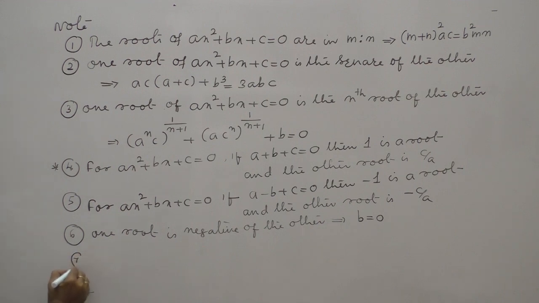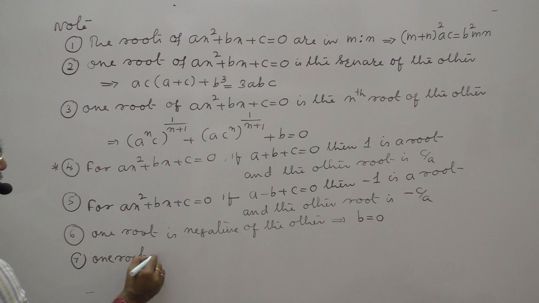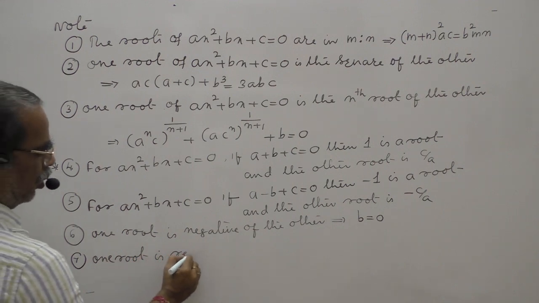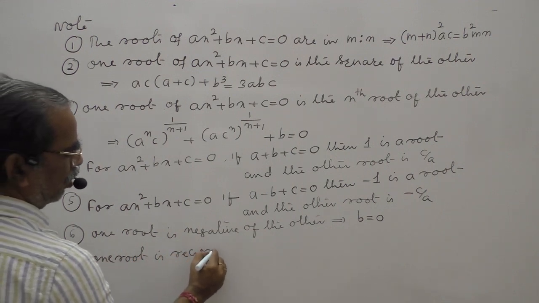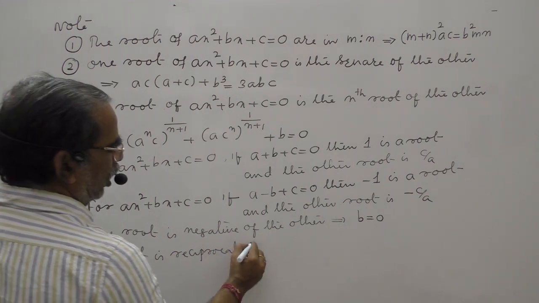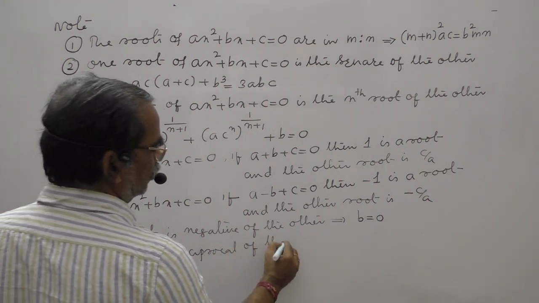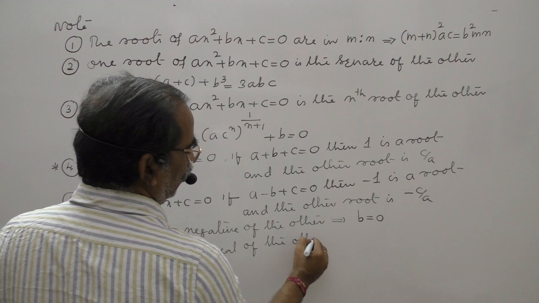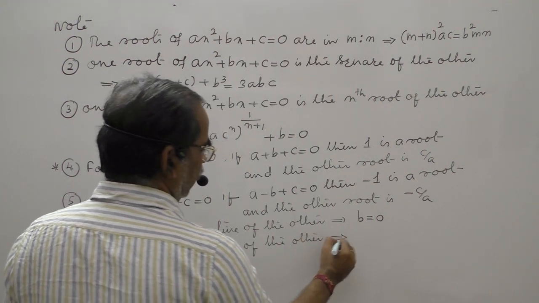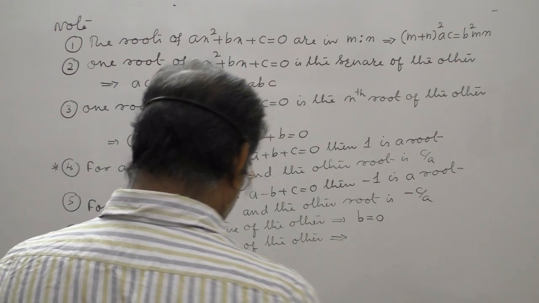Next one, number 7. If one root is the reciprocal of the other, then what is the condition?